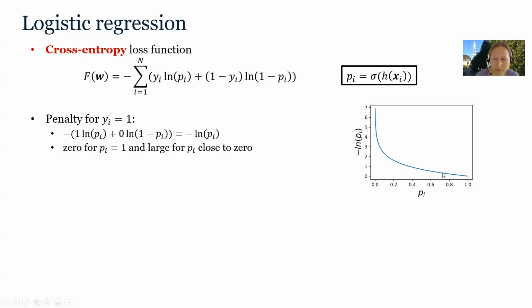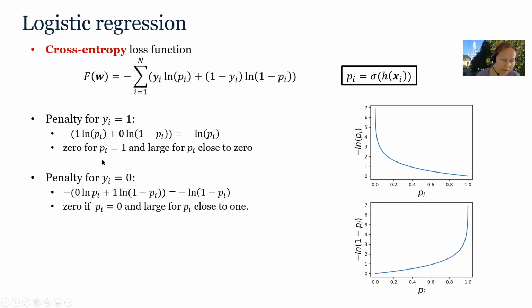And we see from this plot that when the probability is 1, we get 0 penalty. And if the probability is close to 0, we get a large penalty. If we take a sample with label 0, we will get a penalty of minus logarithm of 1 minus probability.